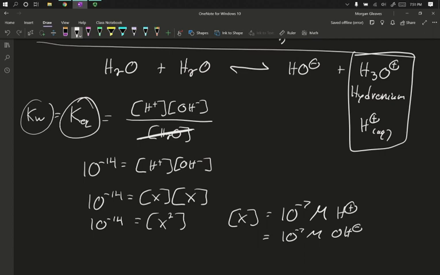So if one of them changes, it changes the other amount. And we can add a lot of molecules that will change our H+ and our OH-. As we saw in our list before, there's a lot of acids and a lot of bases, and when they get added to solution, they will modify our equilibrium here, shifting how much of each of these chemicals is present in the solution.